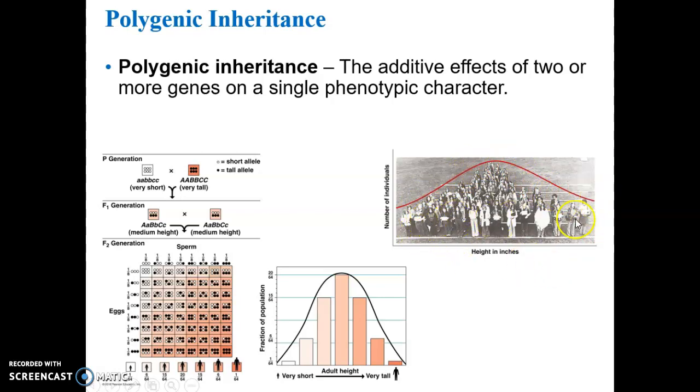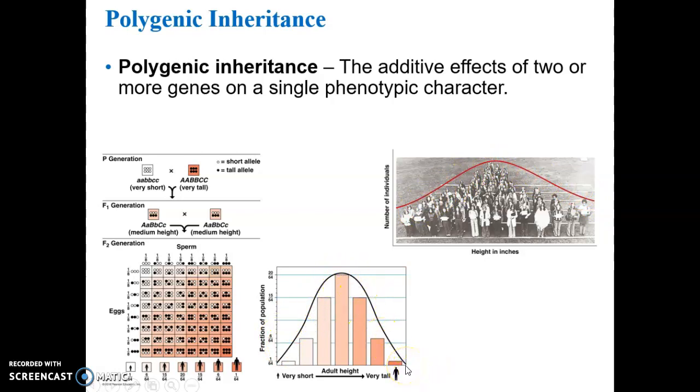Or weights, you know how much we weigh, or hair color. There's a whole gradation from very, very light hair to very, very dark hair. Eye color, skin color, right? When you plot out a phenotypic characteristic, and you have enough people, you'll get this normal bell curve distribution.